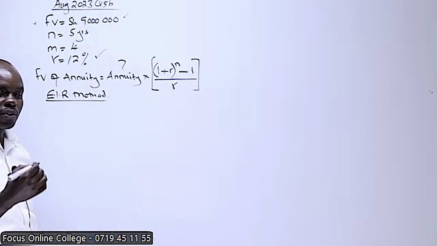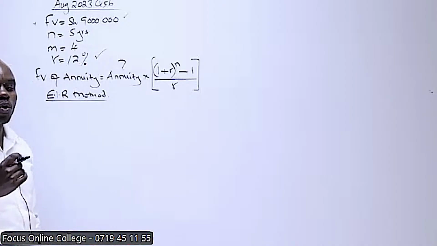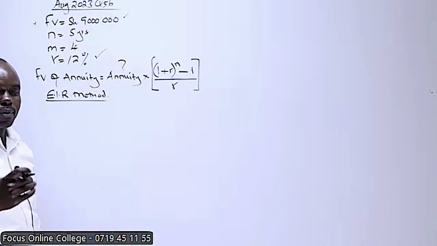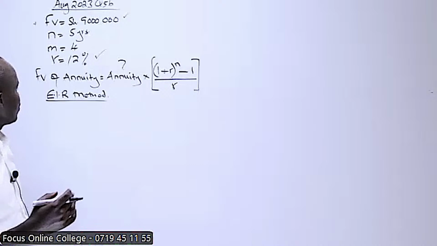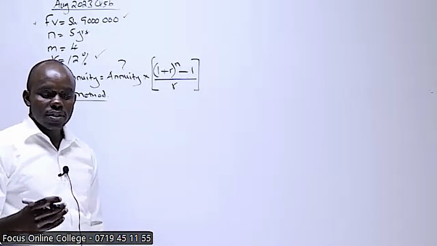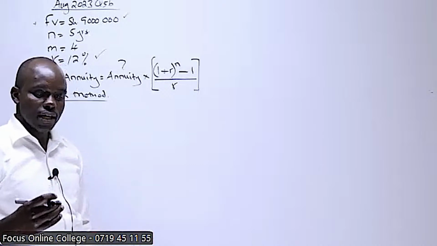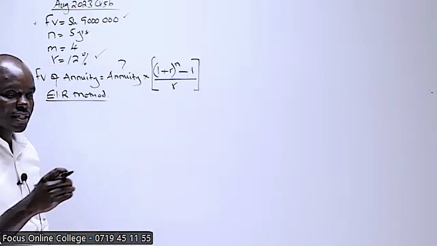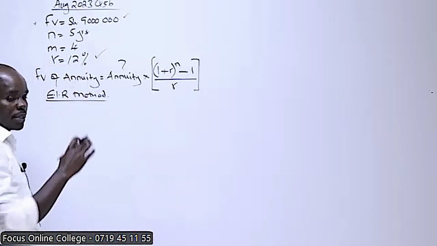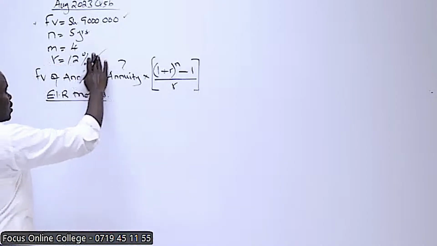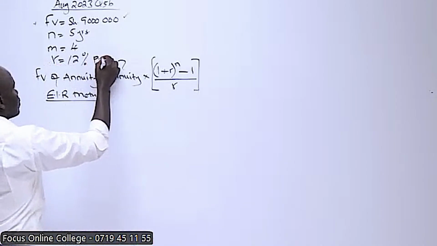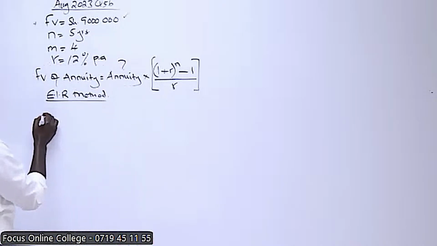We said the nominal interest rate is given on annual basis. It is per annum. It is for 1 year, one financial year. It's an annual rate. But here, the compounding is done quarterly. That means you're supposed to adjust this interest rate of 12% per annum to reflect quarterly compounding. So here you can just say per annum. So we will start with this.